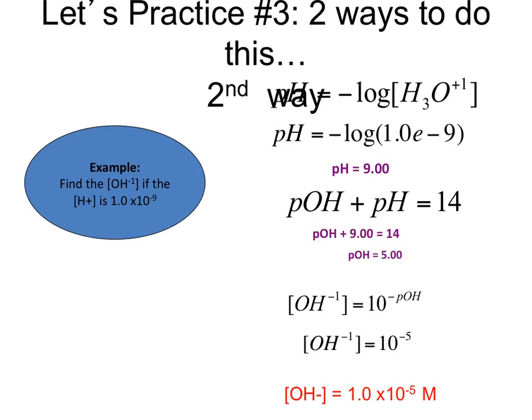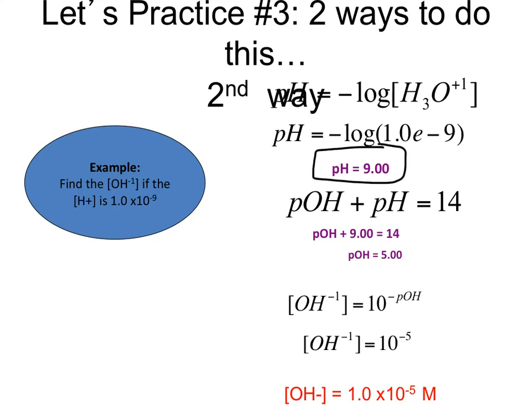There's a second way to do this problem, and even though it looks like a lot more work, people tend to go this route once they get comfortable with these equations. Given a hydrogen ion concentration of 1 times 10 to the negative 9, we can pop it into the equation pH is equal to negative log of the hydrogen ion concentration, and that will give us a pH of 9.